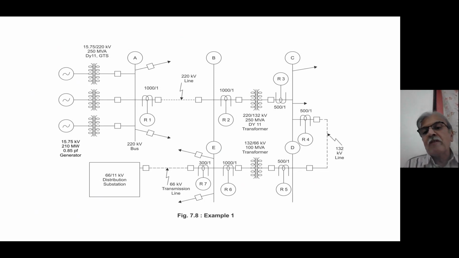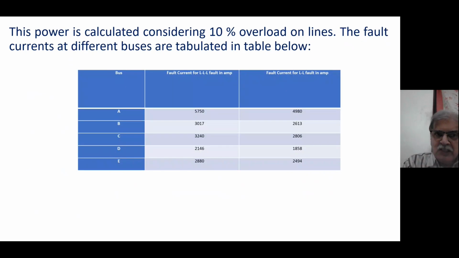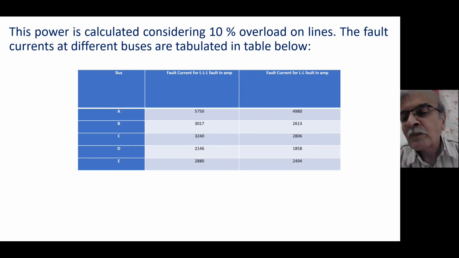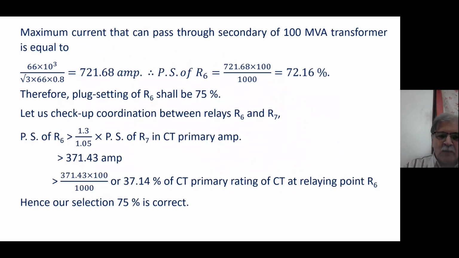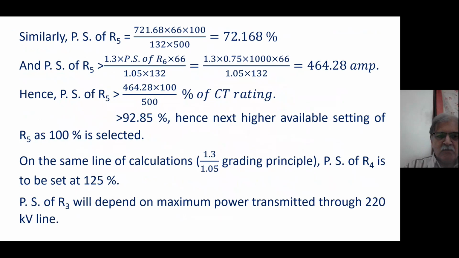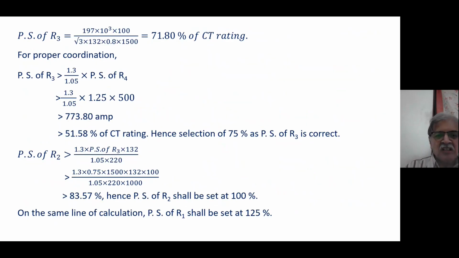So 625 ampere must be sensed when there is a fault on bus E. Let me check up fault on bus E. Minimum fault current is 2494 and my setting is 625. 100% reaching. No problem. So everything checked up. The plug settings are done.